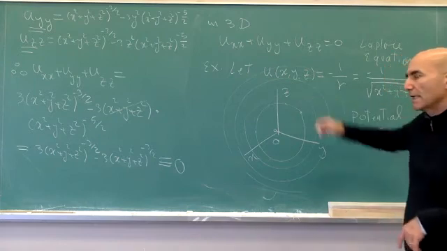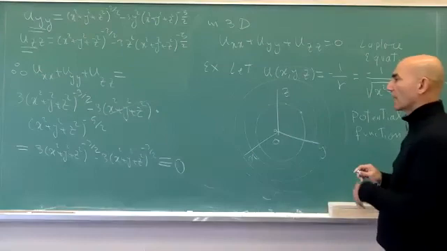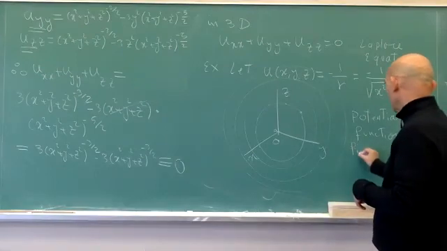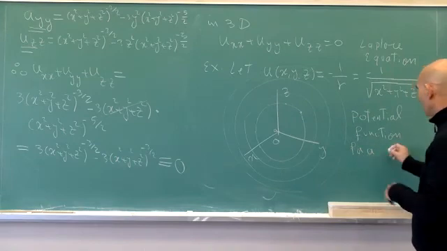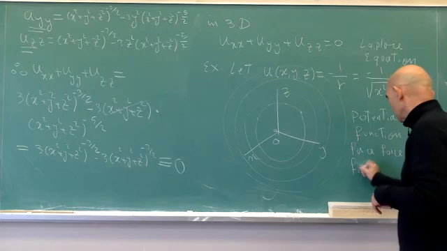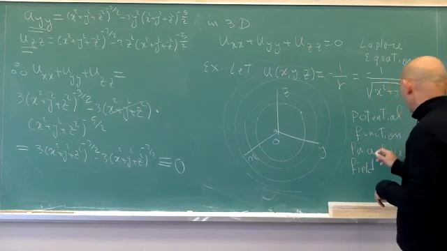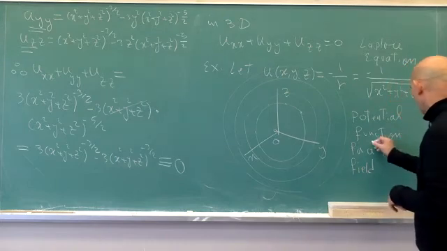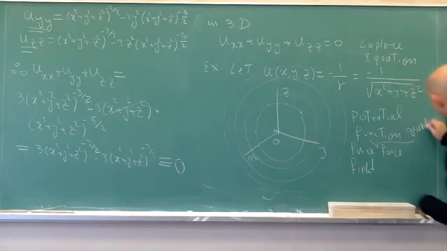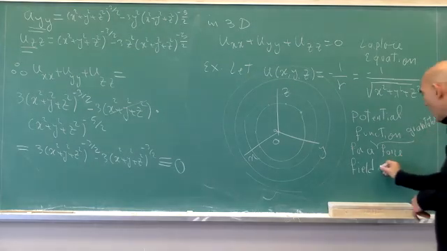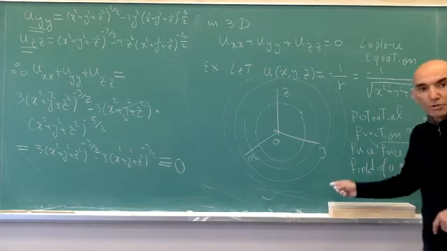So we'll see that later on, but I wanted to do the calculation here. For a force field, I would say gravitational force field, for example. Gravitational force field of a mass at the origin.